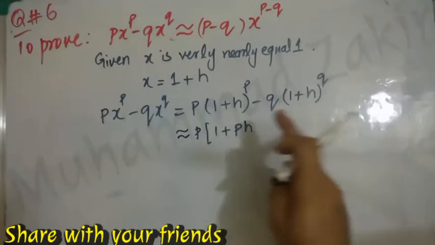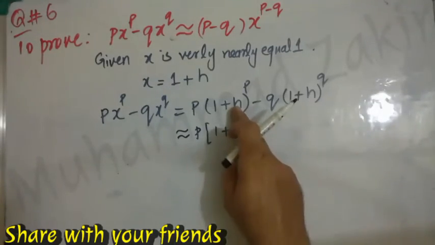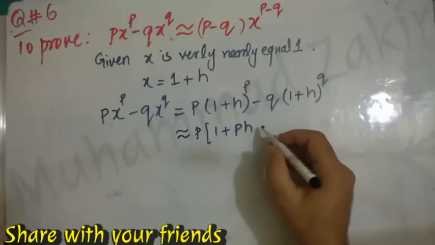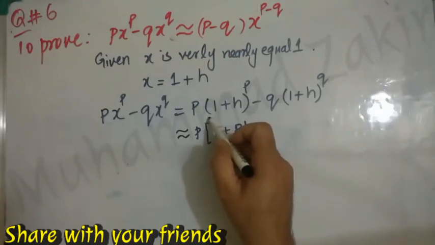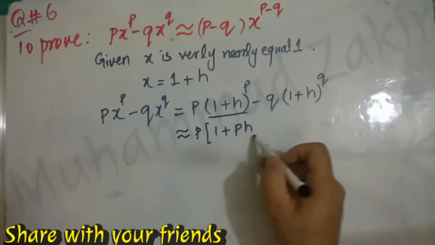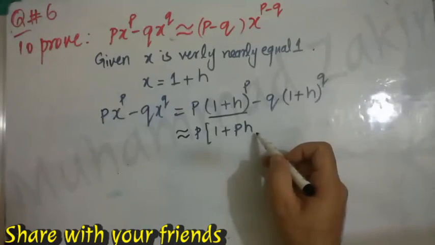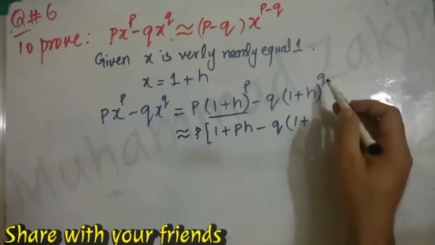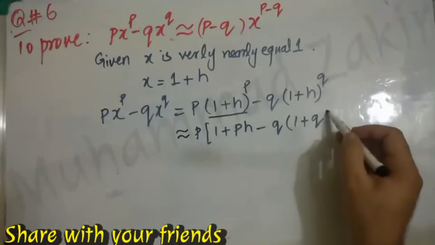If we try to write the next term, we will have to write h square, which we will neglect here. So we do not write h square. We write, instead of infinite terms, only 2 terms. All other terms, higher powers, are neglected. 1 plus nx.